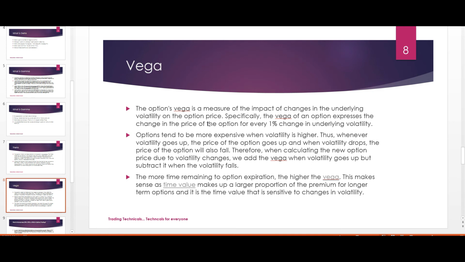Why? Because volatility is also considered in your option premiums. So when the volatility is high, your premiums go up, and that is because of the Vega. Whenever the volatility goes up, the price of the option goes up, and when the volatility drops, the price of the option also falls.